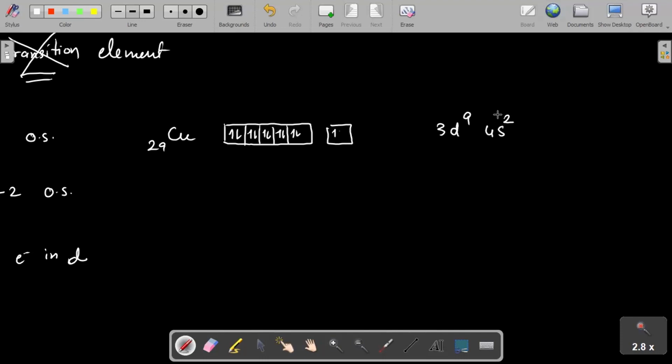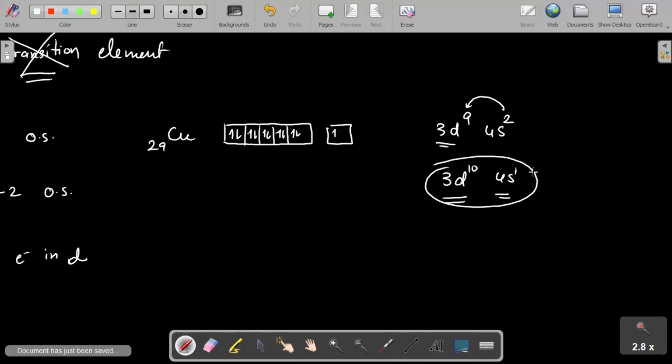But what happens is 3d10 4s1. If one electron comes from s to d orbital, the configuration becomes 3d10 4s1. This second configuration is more stable. So we find the exceptional configuration for copper as 3d10 4s1.